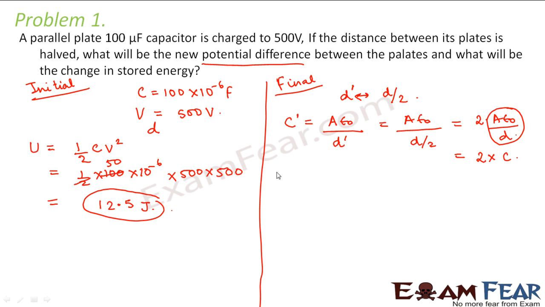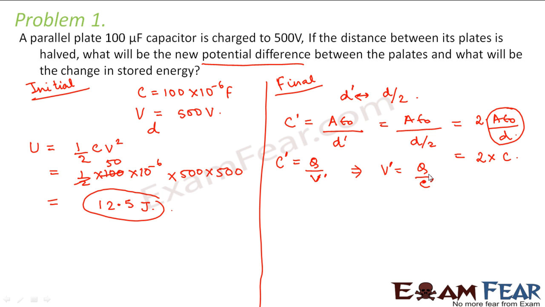Therefore, when I try to find out the new potential difference, what happens? Now we know that C is equal to Q by V. Therefore, V is equal to Q divided by C, right? I'm talking about the new capacitance, so that is V dash. Now the charge will still remain the same because it says that it is charged to 500.